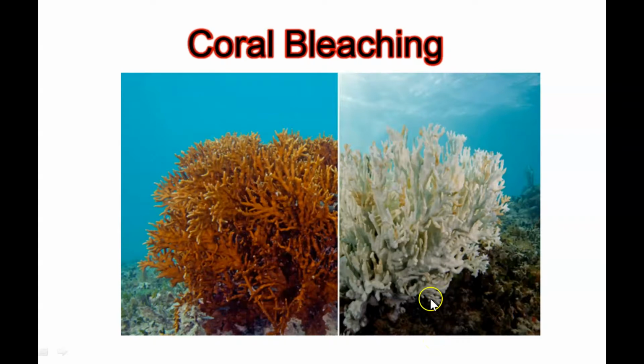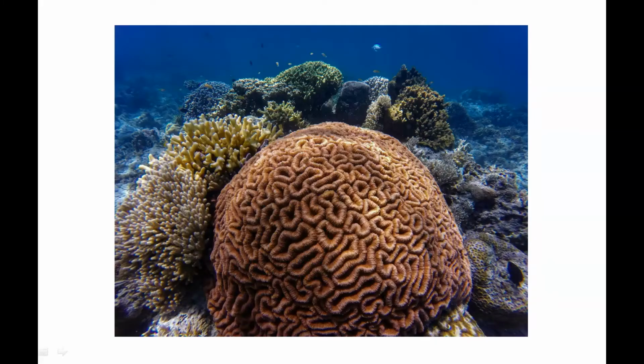So coral reef bleaching will not only lead to extinction of corals, but also damage other species which are very tightly interconnected with the coral reefs. It's very sad to see that coral reefs probably will have to go eventually.